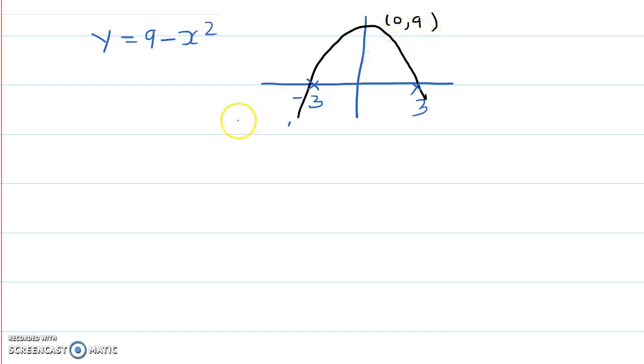Now I'm going to explain when it is twice f(x). And what is f(x) here? f(x) is 9 minus x square, and we are multiplying by 2.